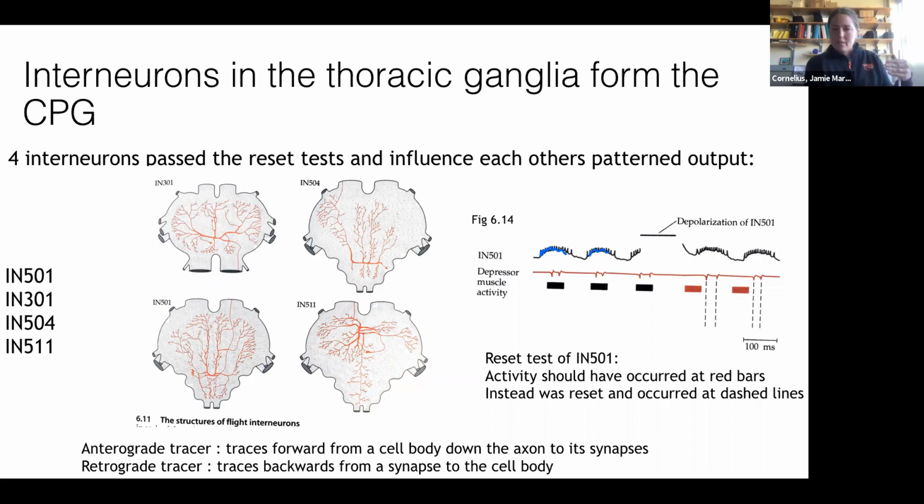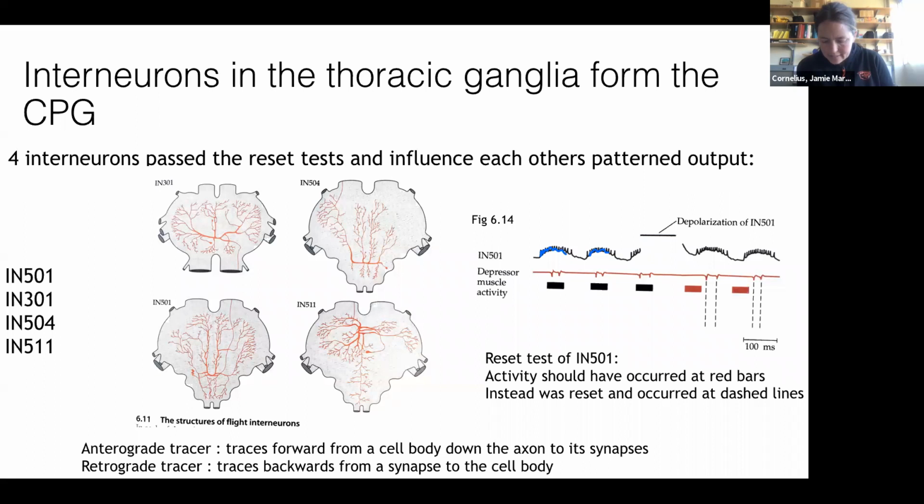And then the experimenter interrupts that with the depolarization event. What it's showing now is the red bars, where we would expect 501 to start firing if it wasn't a central pattern generator. In other words, if we didn't disrupt the rhythm.